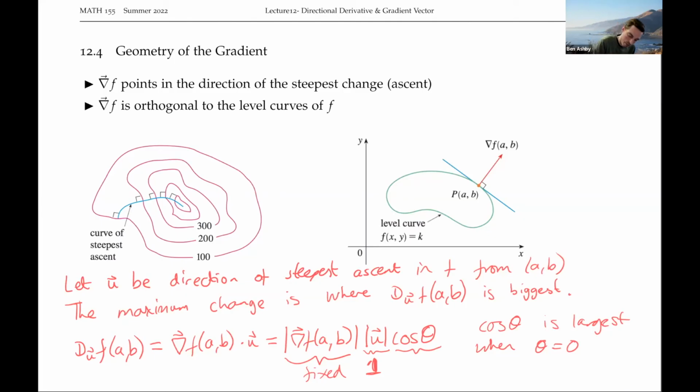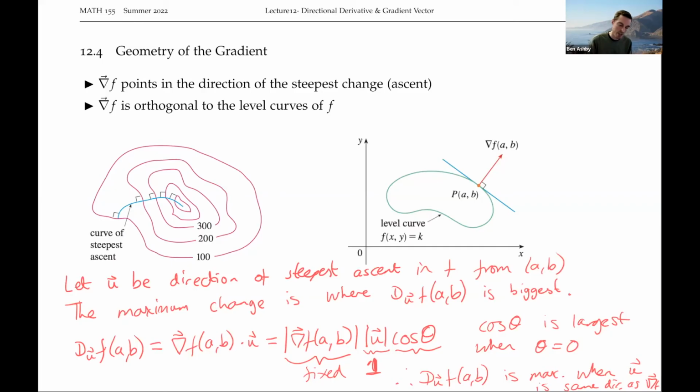Okay, so write down therefore D_u f(a, b) is maximized when u is in the same direction as the gradient. So that tells us that our gradient vector always points in the direction of steepest change.